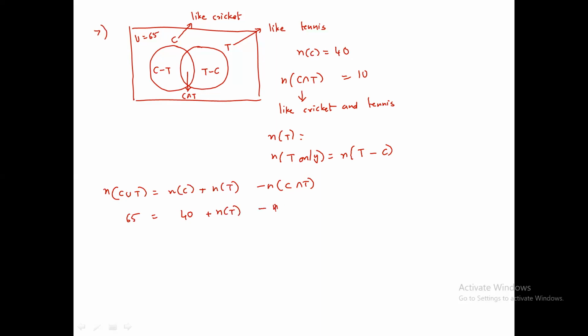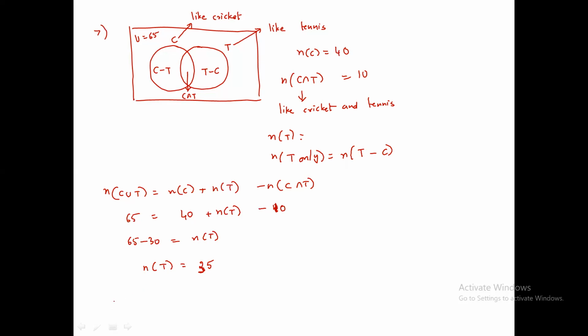And N of C intersection T is 10. So 65 minus 30 equals N of T. So people who like tennis, you can take it as 35. 35 people like tennis.